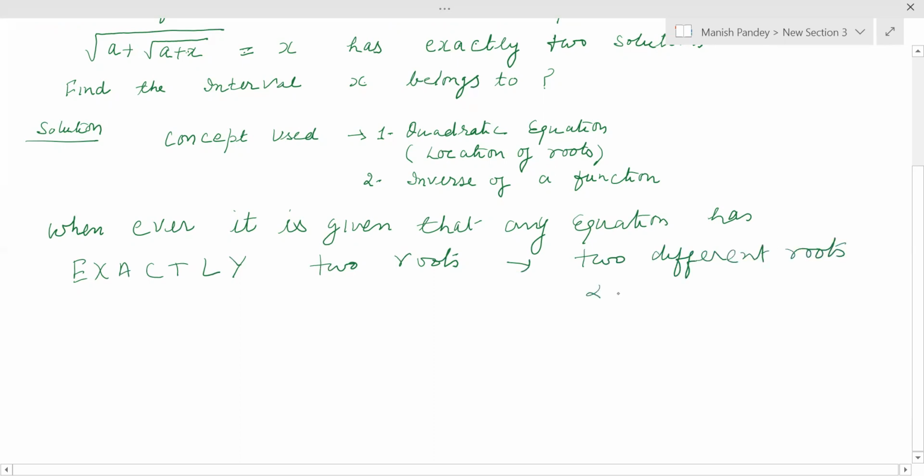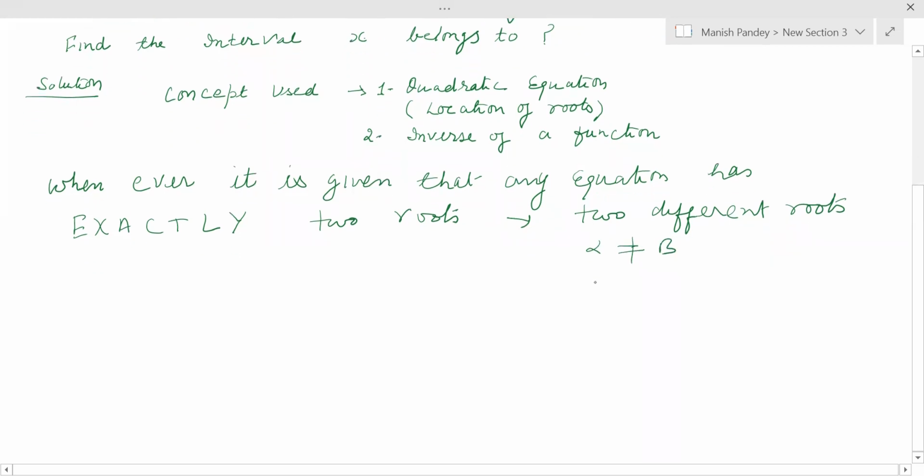Two different roots means alpha and beta are not equal, alpha is not equal to beta. If it is a quadratic equation, you have to take the discriminant D greater than 0, not D greater than or equal to 0. That will be wrong, this will be right.